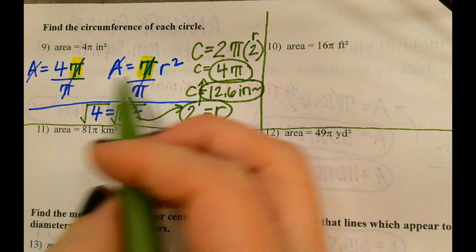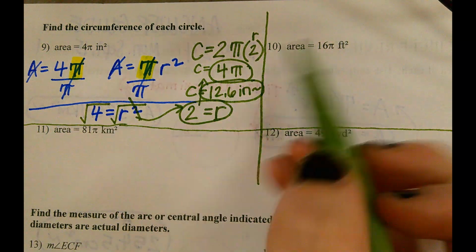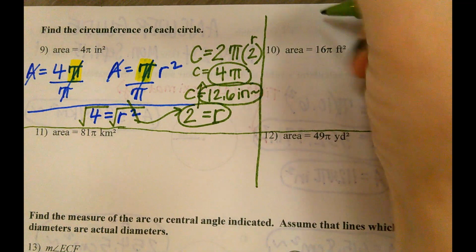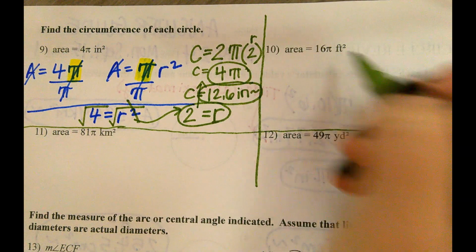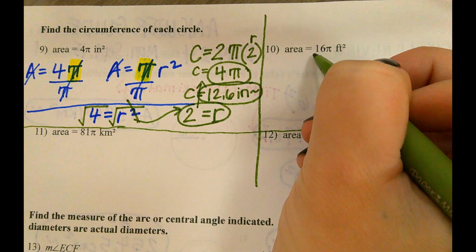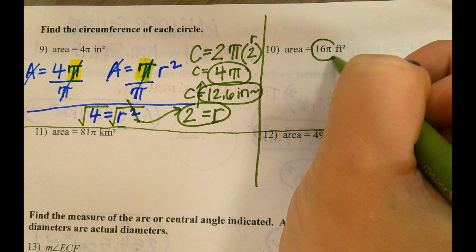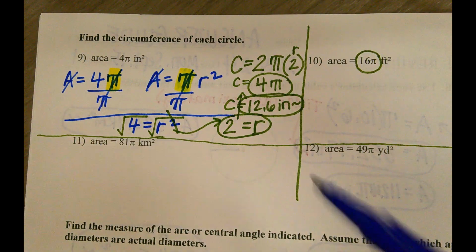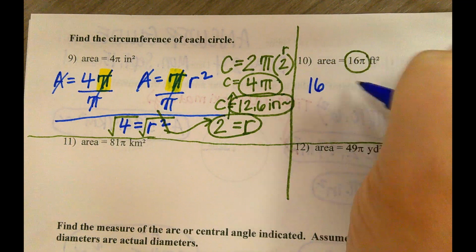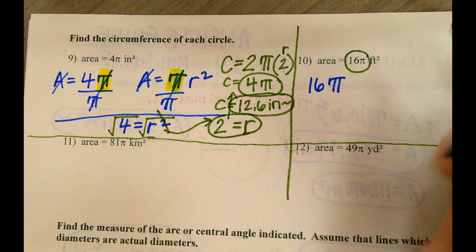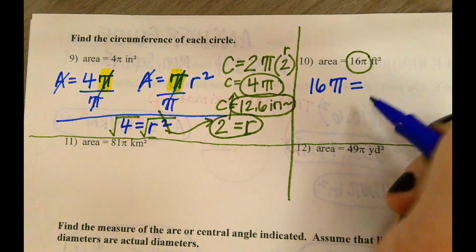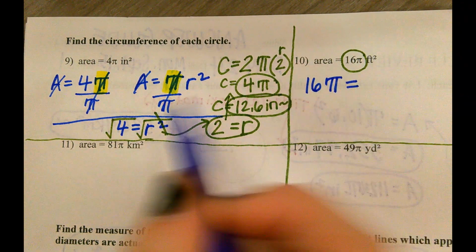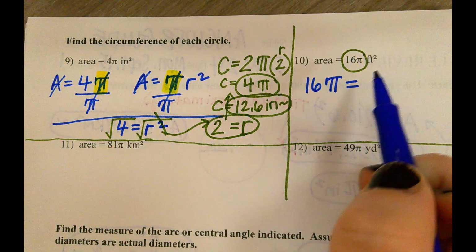What we're going to do, instead of writing out area equals the area they give us and area equals pi r squared, is we're going to kind of set the two equal to each other. I'm going to take this value, 16 pi, and instead of saying it's equal to area, we're going to go ahead and set it equal to the area formula.